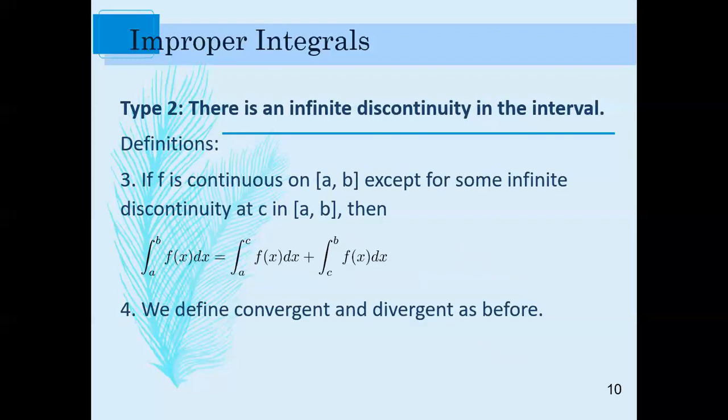If f is continuous on the closed interval from a to b except for some infinite discontinuity at c, then you split it up the way that we did, and you take the limits as you get closer and closer from either the left or the right to that point.